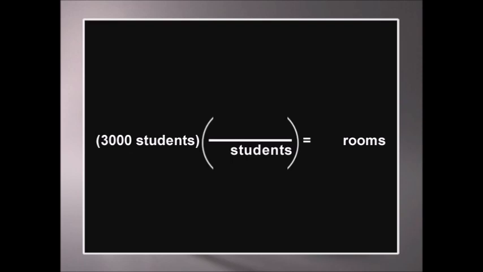Students must be in the denominator so that the students will cancel out, and rooms must be in the numerator, so I will end up with rooms for my final answer. And putting the correct numbers on this, it's 1 room for every 30 students. So once again, I generate the correct answer of 100 rooms.